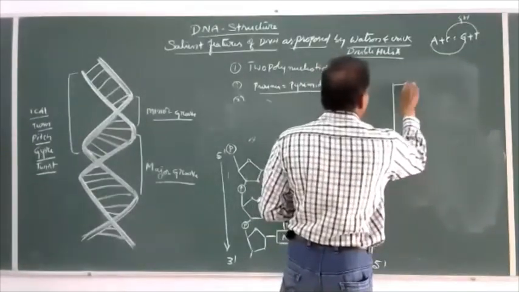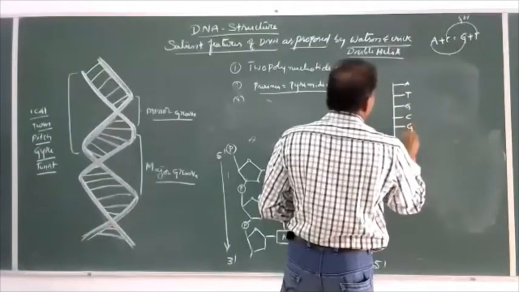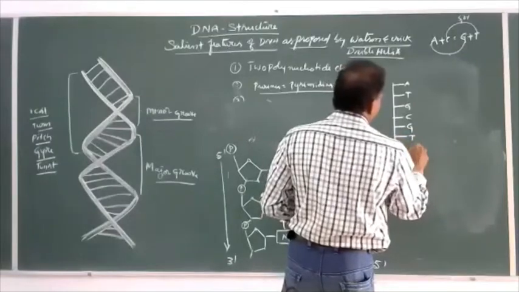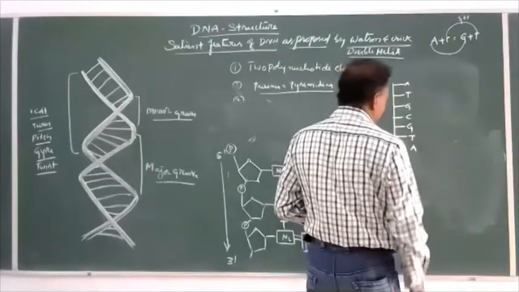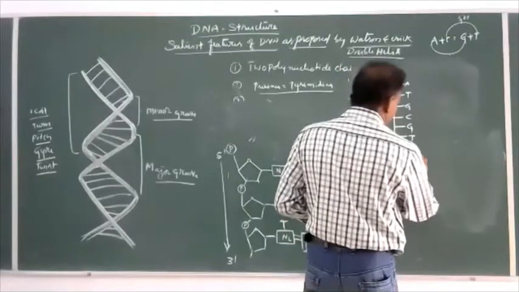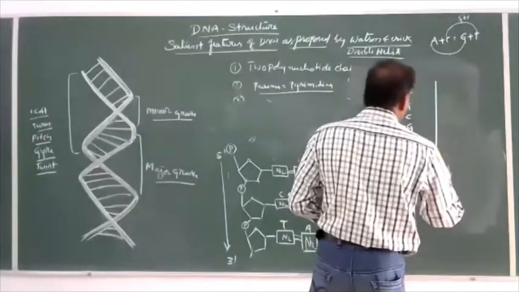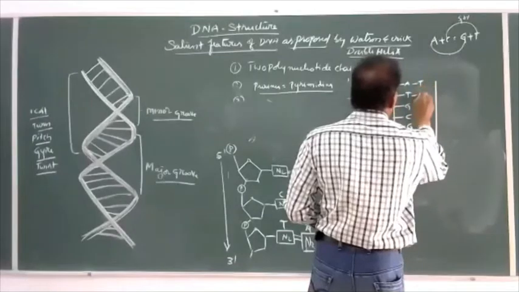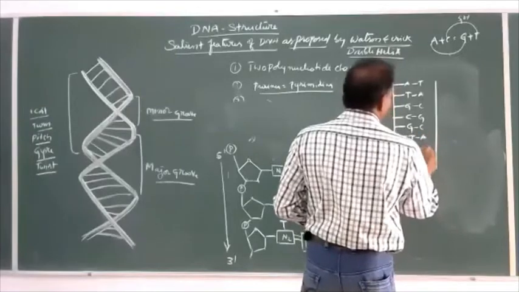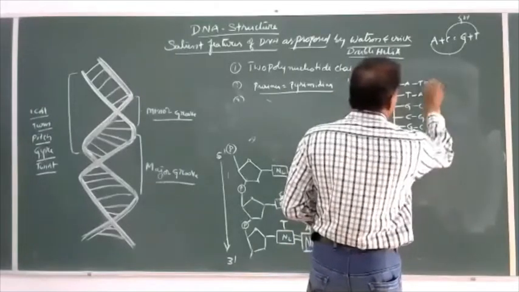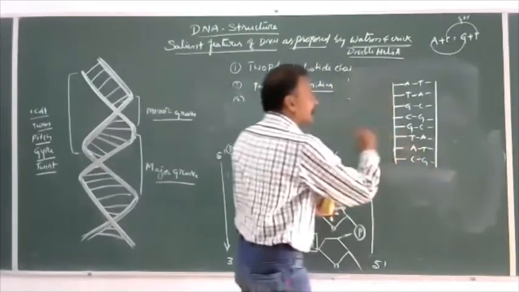This is one strand having A, T, G, C, G, T, A, C. So this is another strand which is complementary: A, T, A, C, G, A, T, G. So these are called two polynucleotide chains which are complementary to each other.